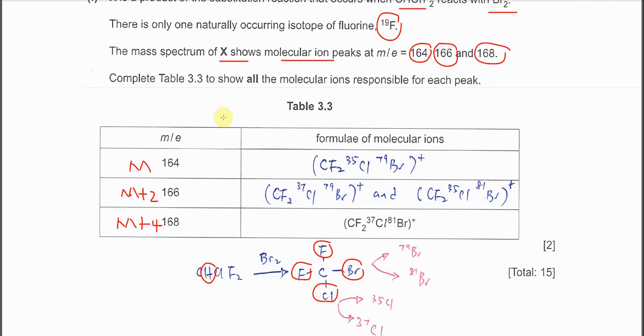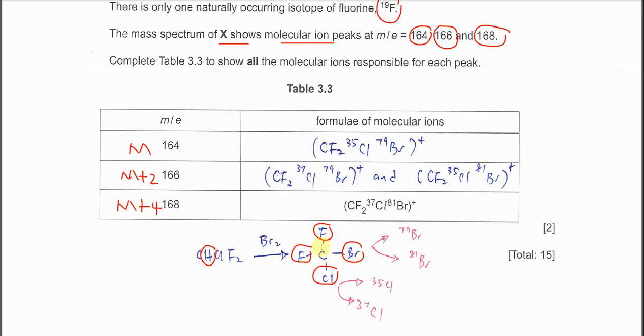If this product forms, we know there is 1 bromine and 1 chlorine in the compound. The bromine can be bromine 79 or bromine 81. Chlorine can be chlorine 35 or chlorine 37.